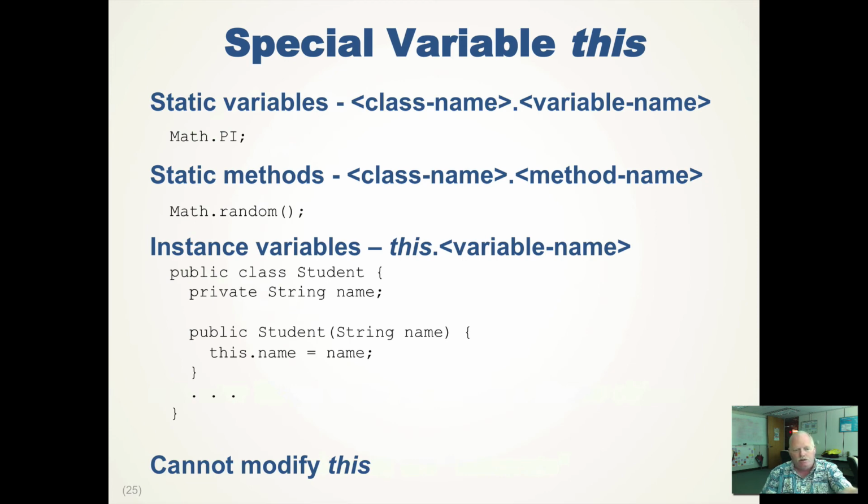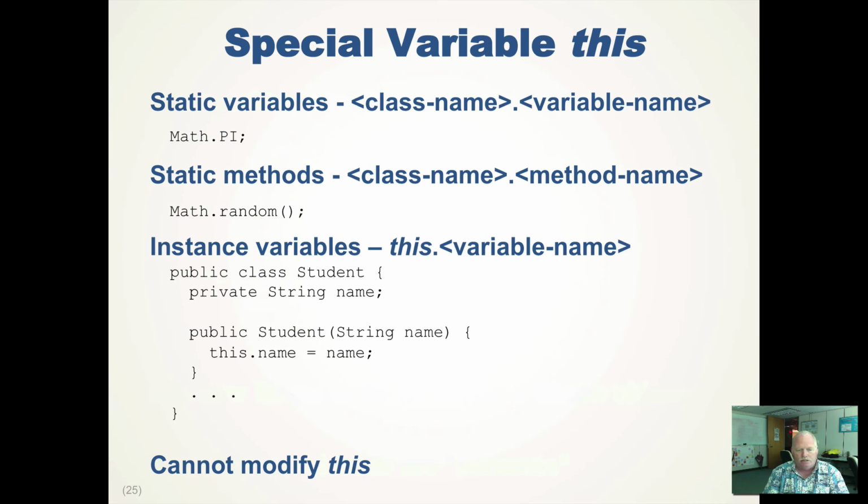So for example, we have a public class Student, and we have a private instance variable name, and in the constructor, we take a string called name. Now we have a parameter called name, and we want to assign it to the instance's variable name.